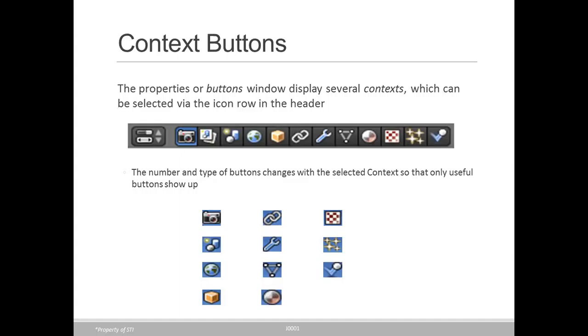So the properties or buttons window displays several contexts which can be selected via the icon row in the header. The number and types of buttons change with the selected context so that only useful buttons show up.